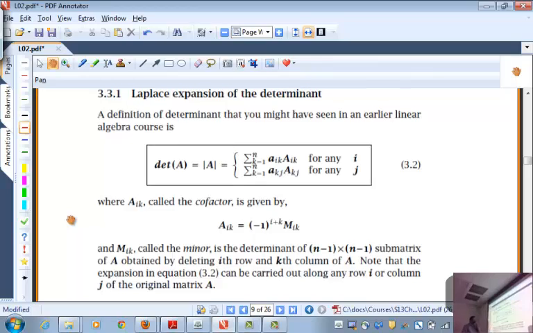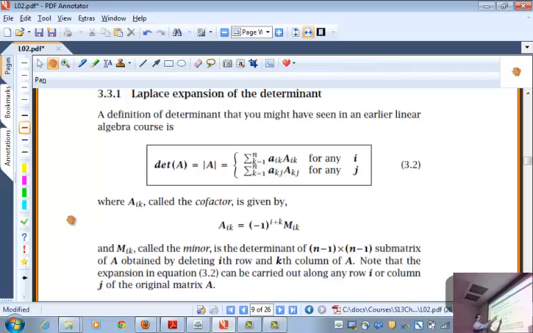Again, you must have seen these in linear algebra. I'm just trying to draw back attention because we'll be using some of these later on. So another algorithm, which is in fact the one that you would implement by hand if you're using it, has a special name called the Laplace expansion of the determinant. So it's essentially a summation over any row or any column. So take a row, and you have to sum all the quantities on that row.